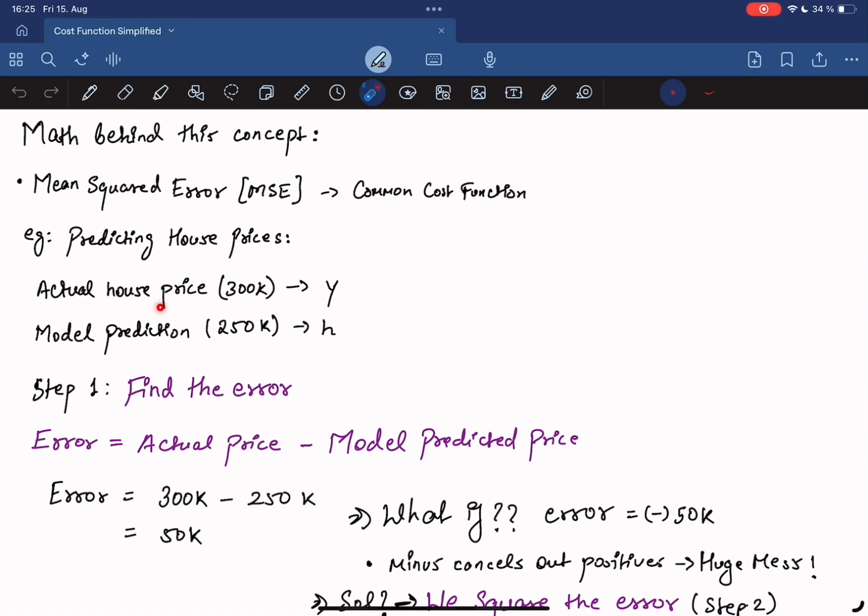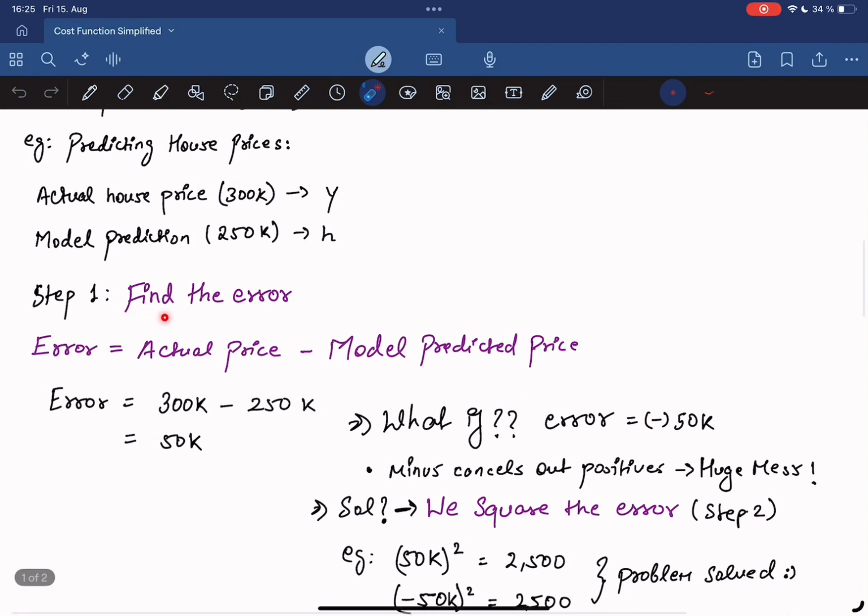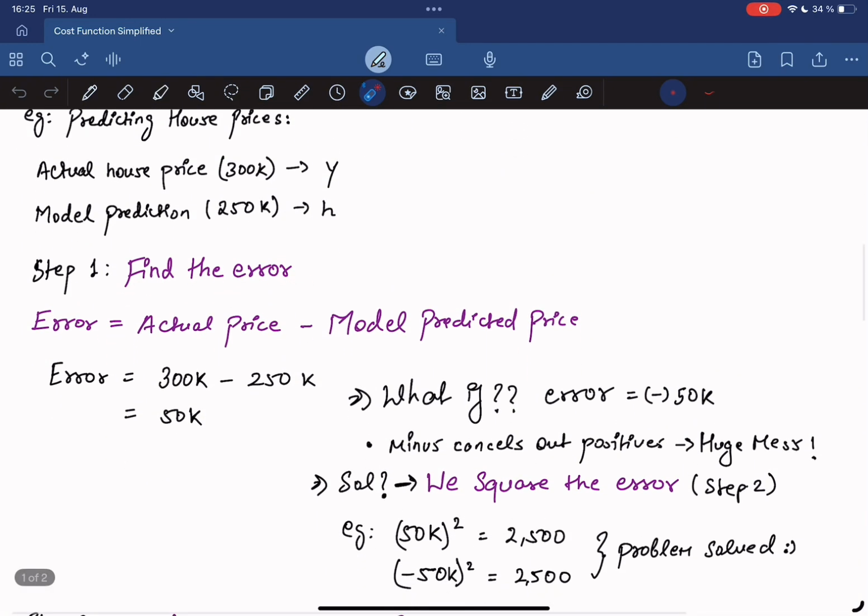Say my actual house price is $300,000, which I assign to y, and my model predicted value is $250,000, which I assign to h. Step 1 is finding the error: you subtract the model predicted price from the actual price. So in this example it will be 300k minus 250k, and I would get $50,000.